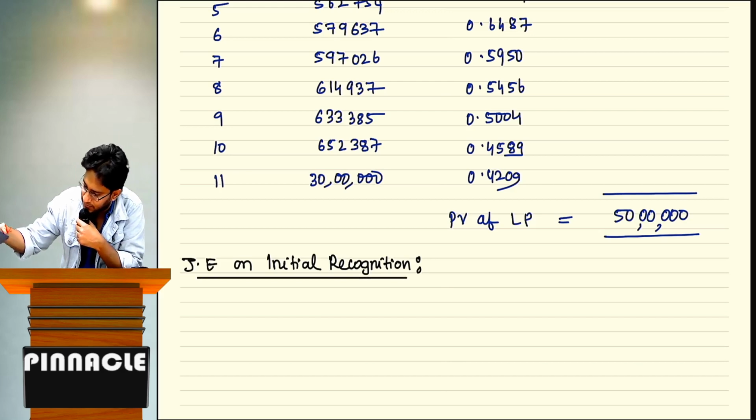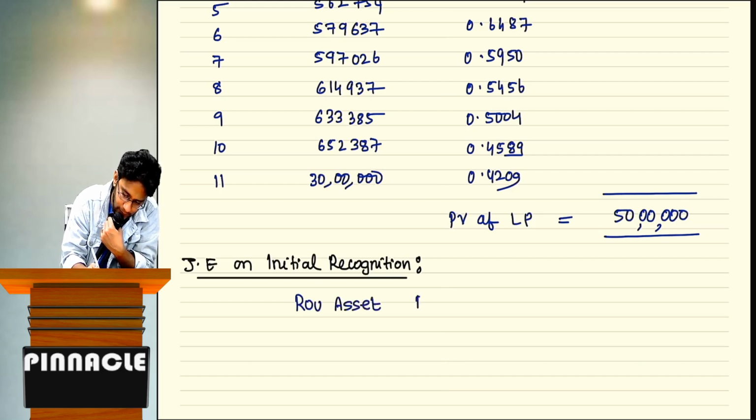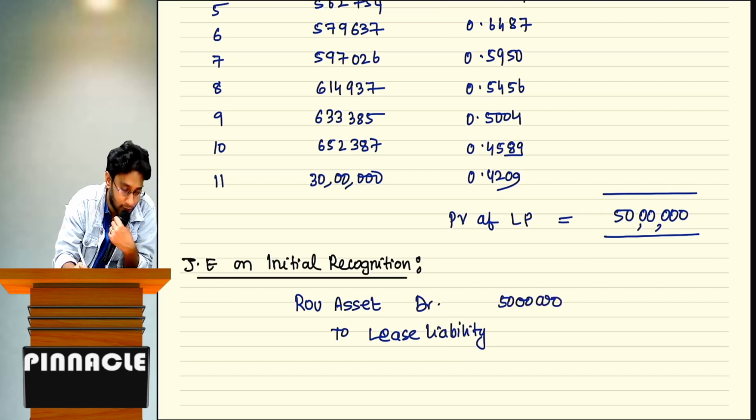Did they give you dates? No dates. Okay, nice. ROU asset account debit to lease liability, 50 lakhs. 50 lakhs.